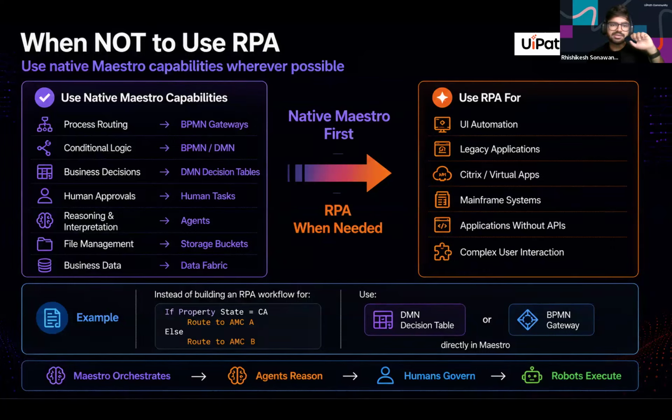I'm not saying that we need to replace RPA with certain things. That's not the case. RPA is still the best choice when we need to interact with any kind of application, if there is a Citrix environment or applications that do not provide APIs, right? In that case, robots are still the best and they'll add value. But if there are Maestro capabilities already there, we should make sure we use them.